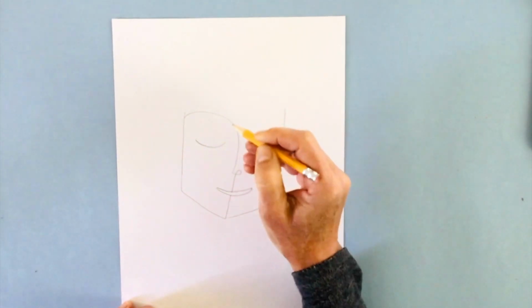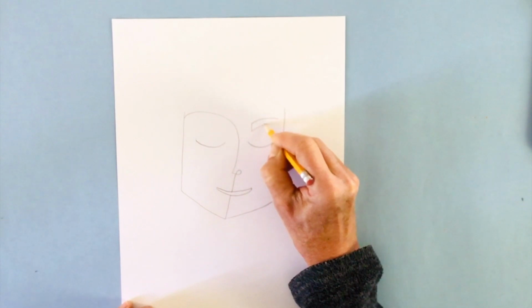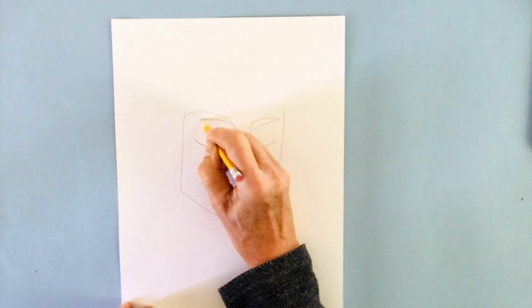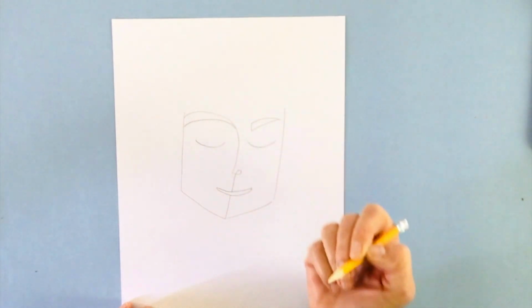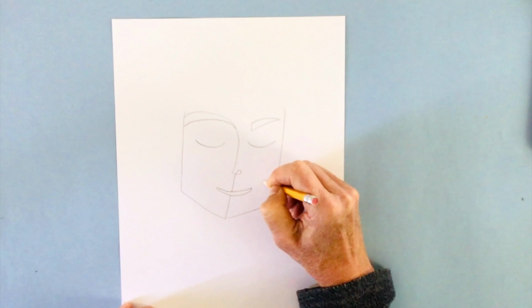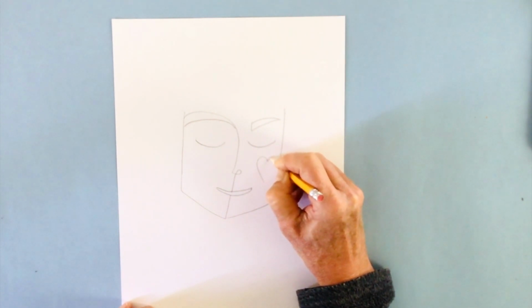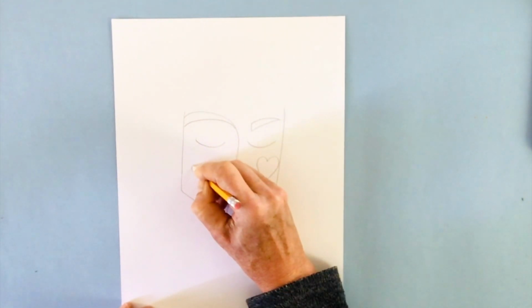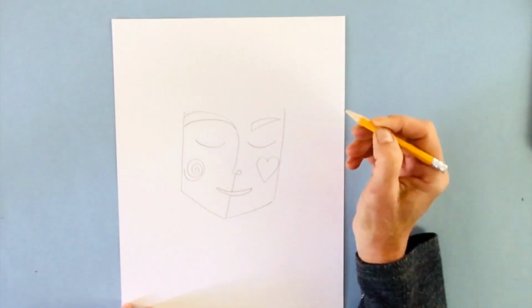I'm going to add my eyebrows again. These are different shapes, and I'm going to incorporate this one in here. It's kind of a big arch right there. Now Romero Britto also adds some elements inside the face, like hearts and swirls, which are super cool.